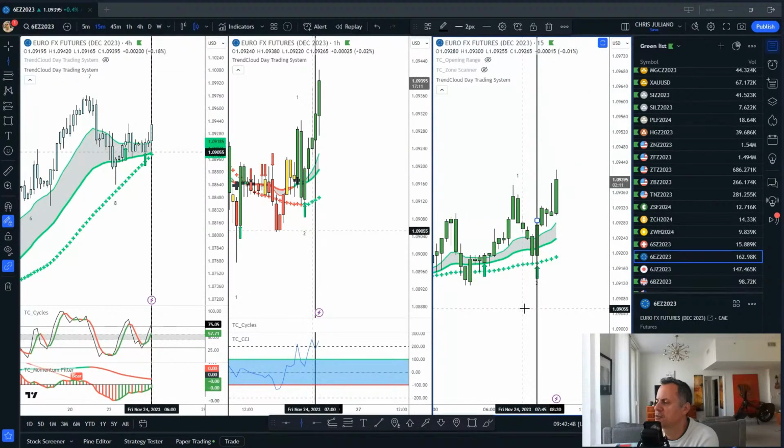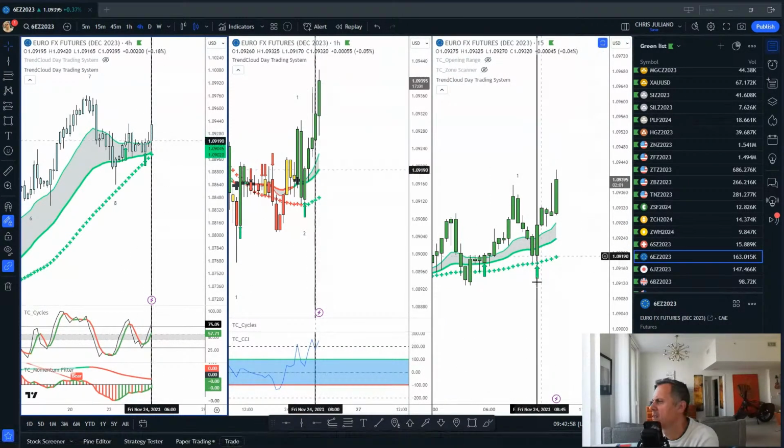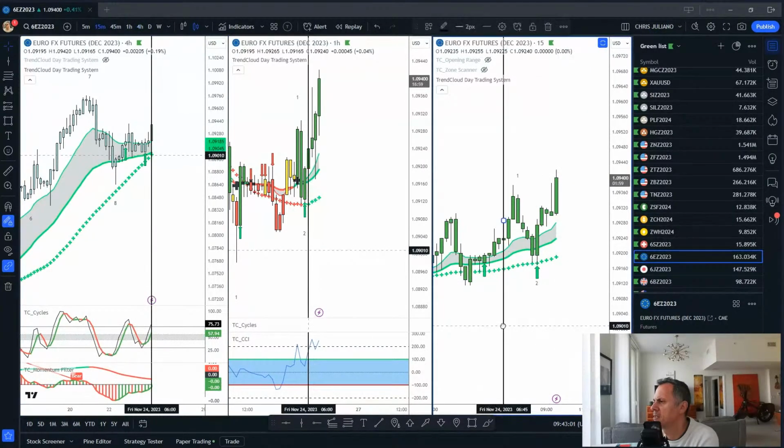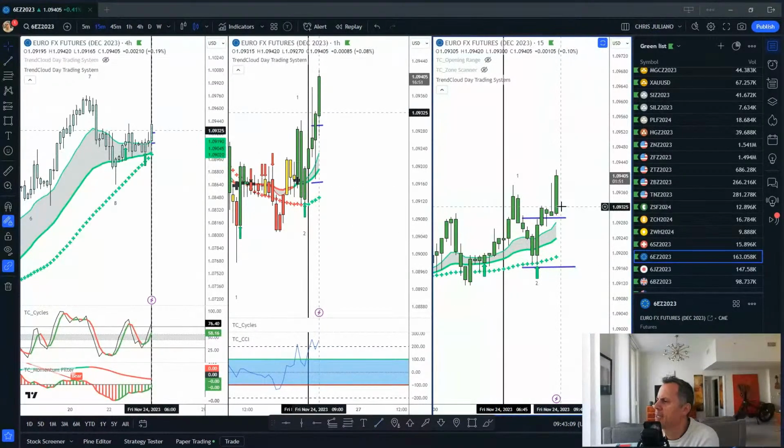Trend cloud is green, candles are green. Momentum is up, middle time frame. Trend is up, middle time frame. Trend is up, high time frame. Cycling up, momentum is up. Yeah, excellent. Entry right here. Stop loss right there.